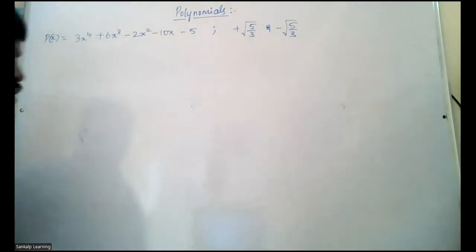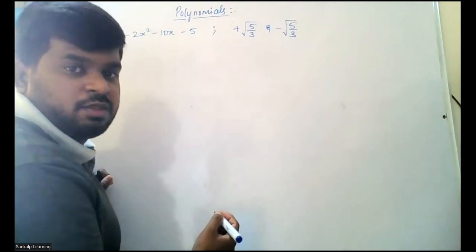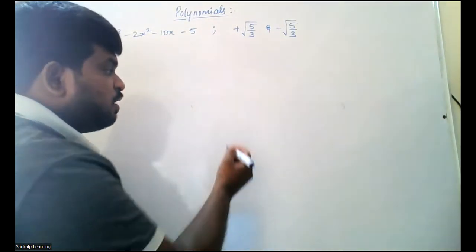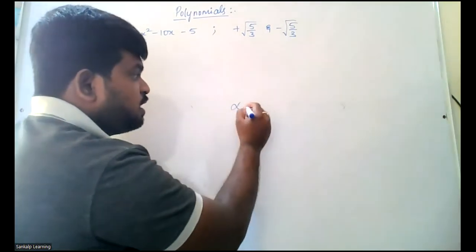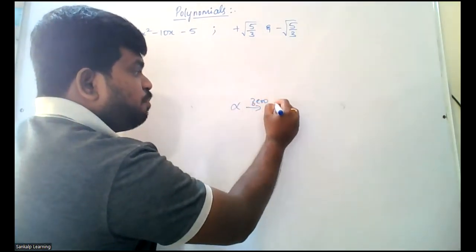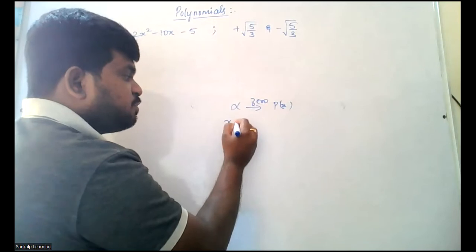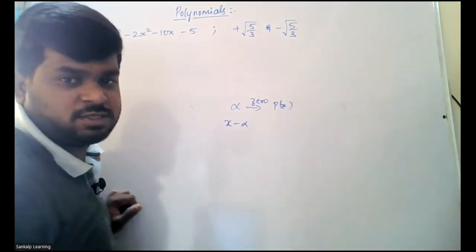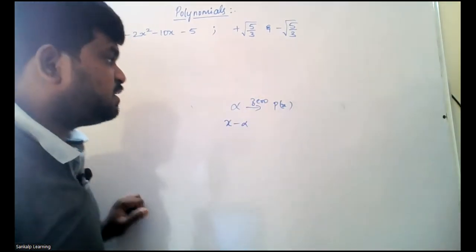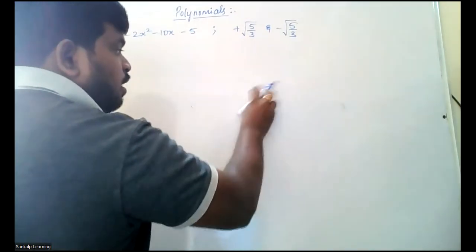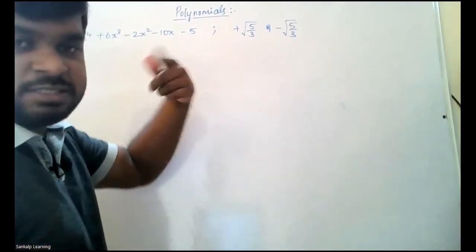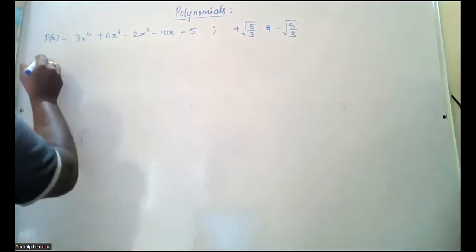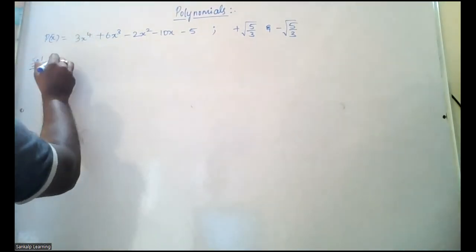Okay. Now, if you remember, in one of the videos, that is in the previous video itself, I told you, if alpha is a zero of a polynomial, then x minus that is a factor of this, isn't it? We had discussed. Therefore, root 5 by 3 and minus root 5 by 3 are zeros. Therefore, observe, let's start with the solution.